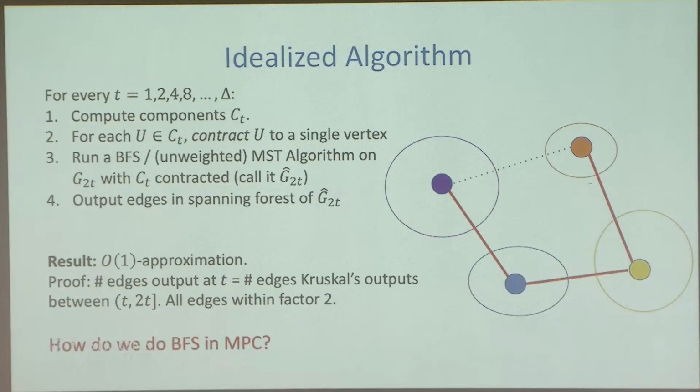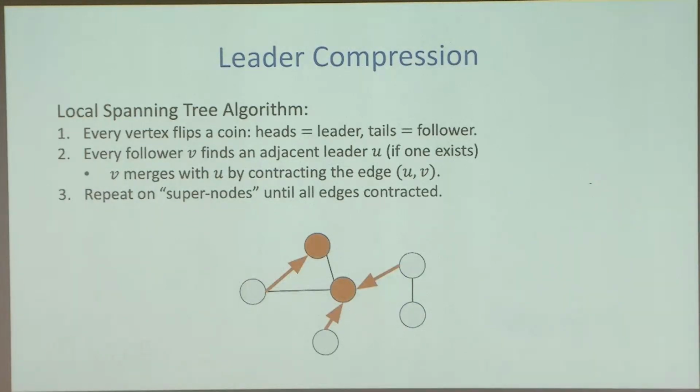The first question is then how do we run this BFS in the MPC model? This is relevant to the connectivity problem. There's a very standard trick, the leader compression approach. Basically, given a graph, you want to find the connected components. What you can do is sample leaders. For each node, with probability 1/2 you sample it as a leader, and with probability 1/2 as a non-leader.